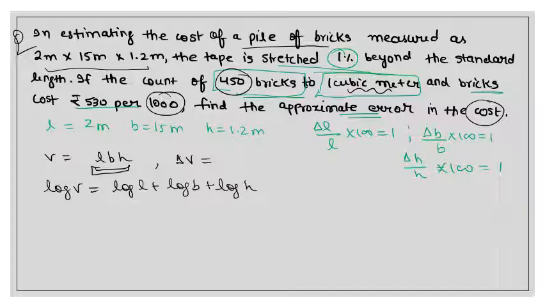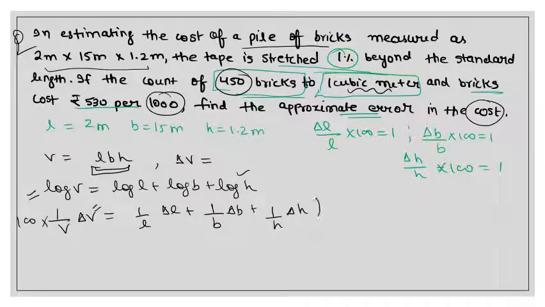Now you will do the partial differentiation, so for log v it will be 1 by v del v, equal to 1 by l del l, plus 1 by b del b, and for this 1 by h del h. Now, because you have to find out the percentage error in the cost, you simply multiply it with 100.